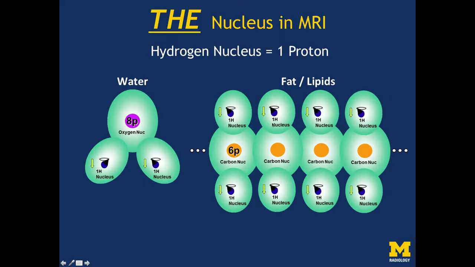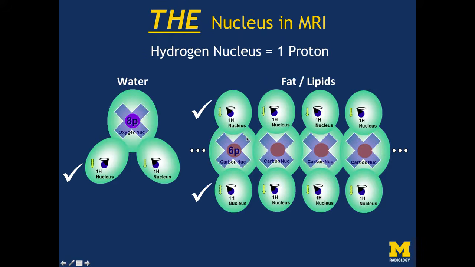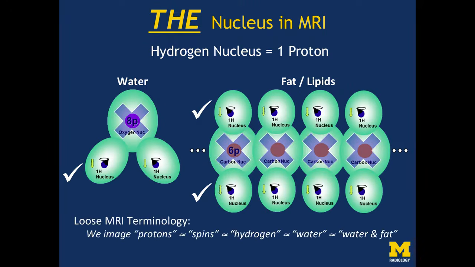It is these hydrogen nuclei in these molecules that are the source of our signal. We are not detecting the protons that are in the oxygen nor in the carbon. That's a different nucleus. The only nucleus that we're detecting with MRI is the hydrogen nucleus.